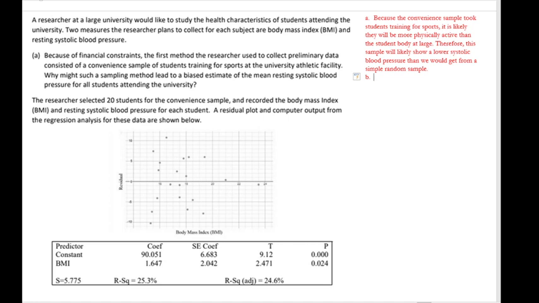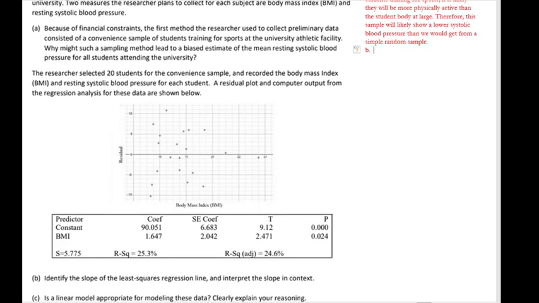All right, so what we've got here, another thing to look out for, they are giving us a residual plot and the LSRL. This plot that is showing is not the plot of the data. So that is a thing to be aware of and be mindful of. But we do have the information about the LSRL.